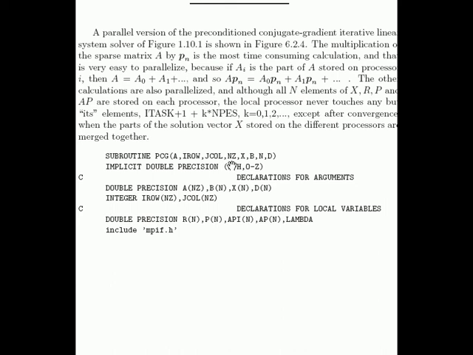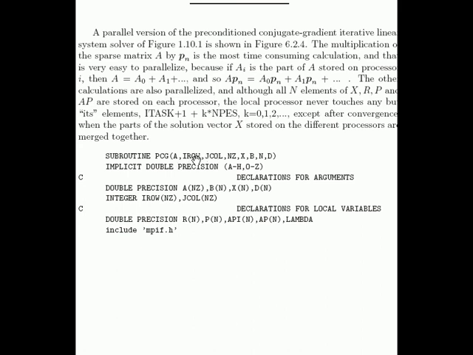Then A(1) is the value of the non-zero element in row IROW(1), column JCOL(1). So A, IROW and JCOL are vectors of dimension NZ, and they contain the values of the non-zeros and the corresponding row and column.